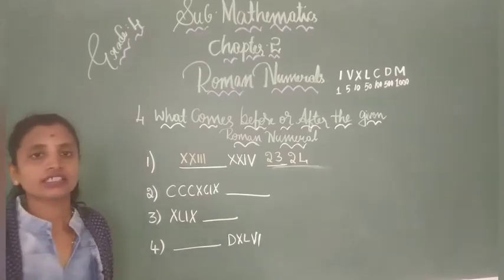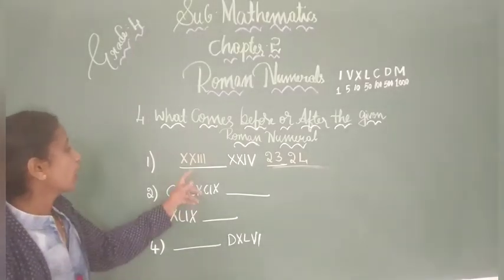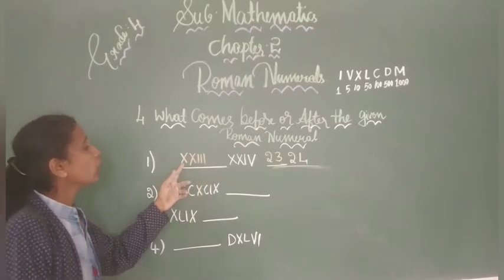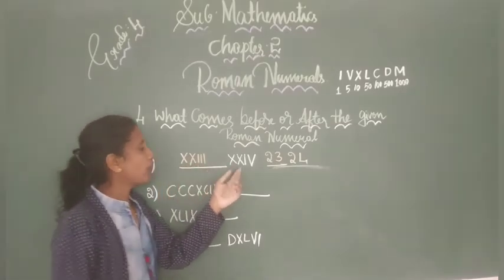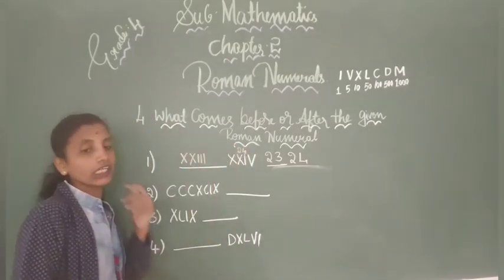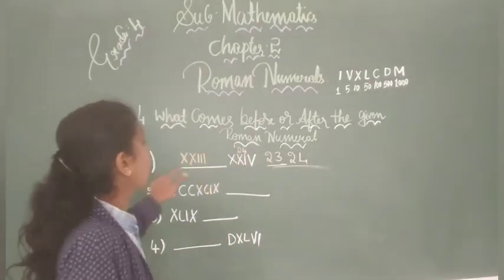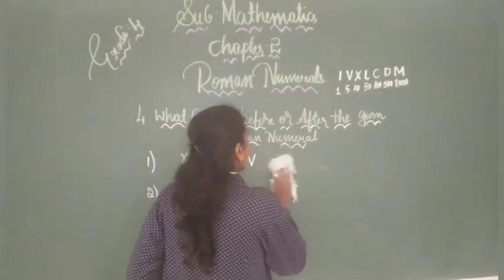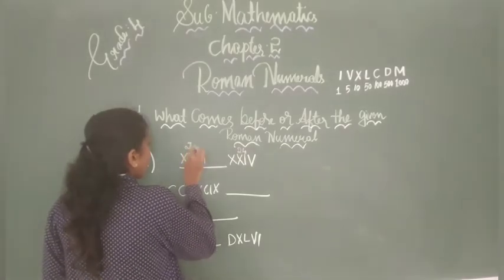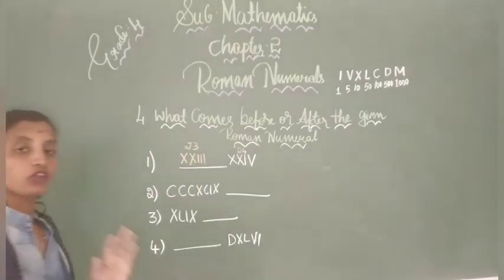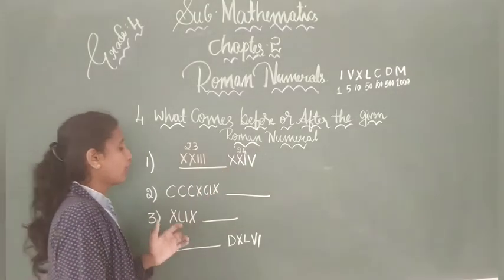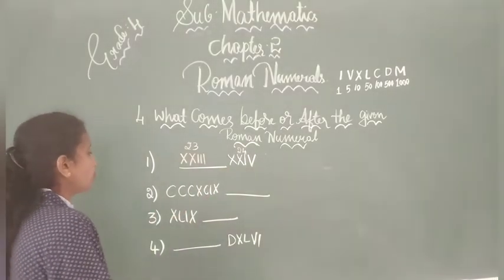Am I right? XX means 20, III is 3, so 23. The number before 24 is 23. Understood? Don't get confused. Look carefully.